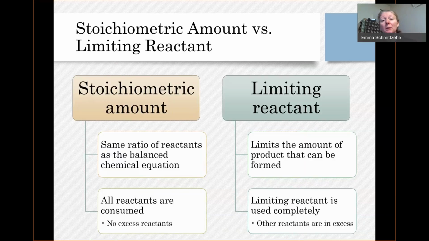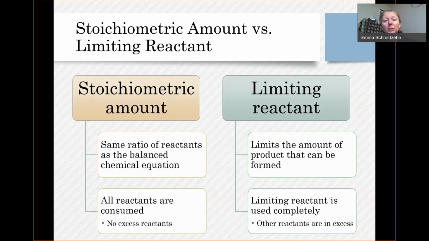But if they tell you something about multiple reactants, like they tell you how much of each there is, then you need to be careful because one of them may be limiting. And if they don't tell you that something's limiting or you have a stoichiometric amount, you have to figure out if there is something limiting, because that's what's going to guide your calculations.